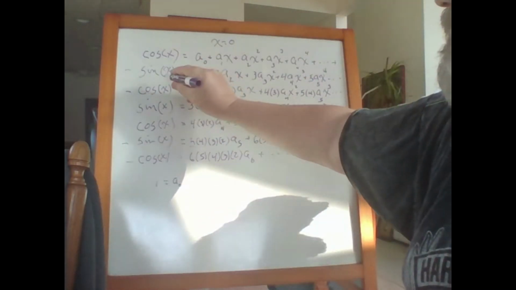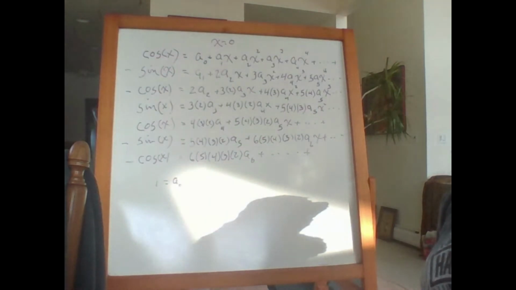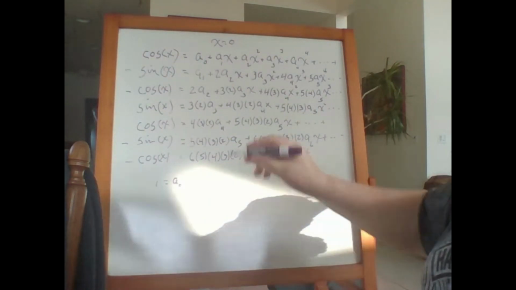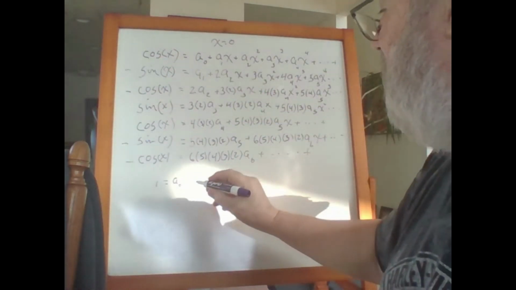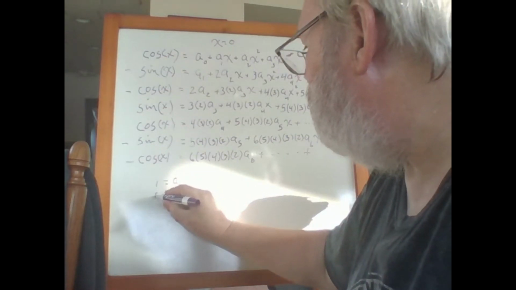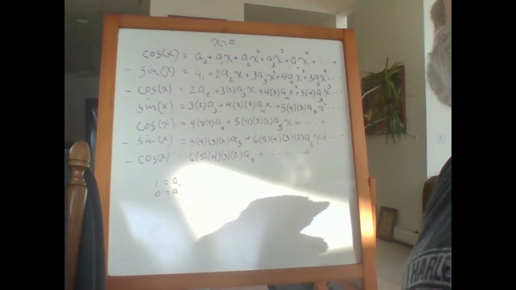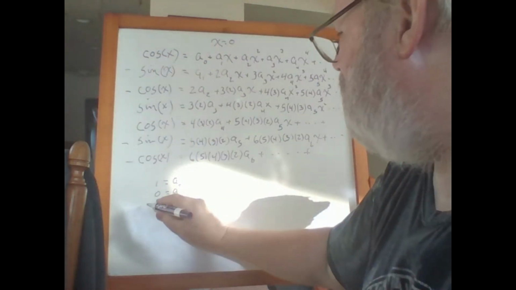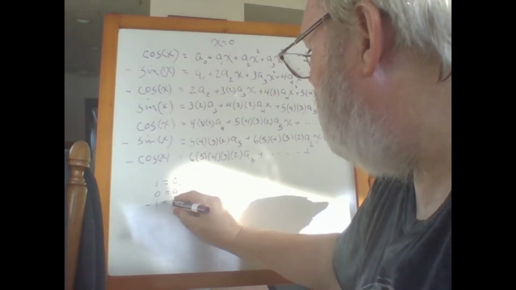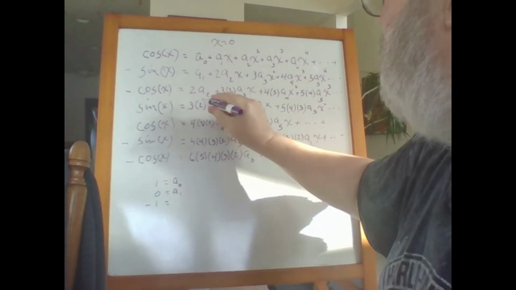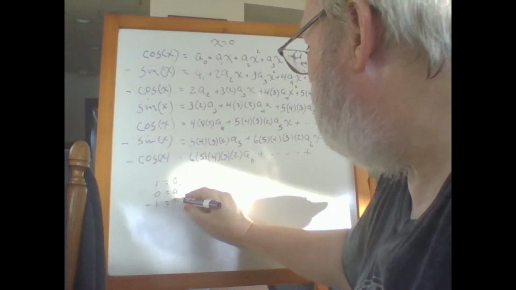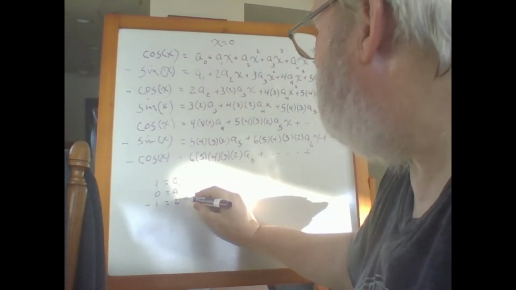And this, the sine of 0 is 0. So there is no term for a1. So a1 is 0. A2 is negative 1 equals 2 A2.